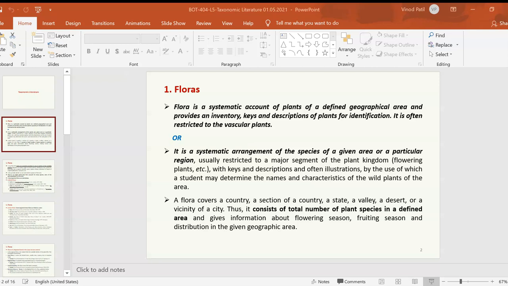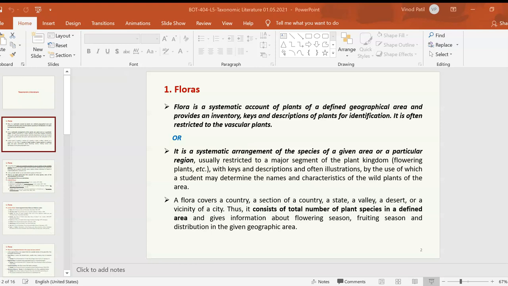It was written by Sir Uge Muge, and he's no more now, but we were following that. So flora is made for a particular defined geographical region, and usually restricted to a major segment of the plant kingdom, that is, flowering plants mainly.